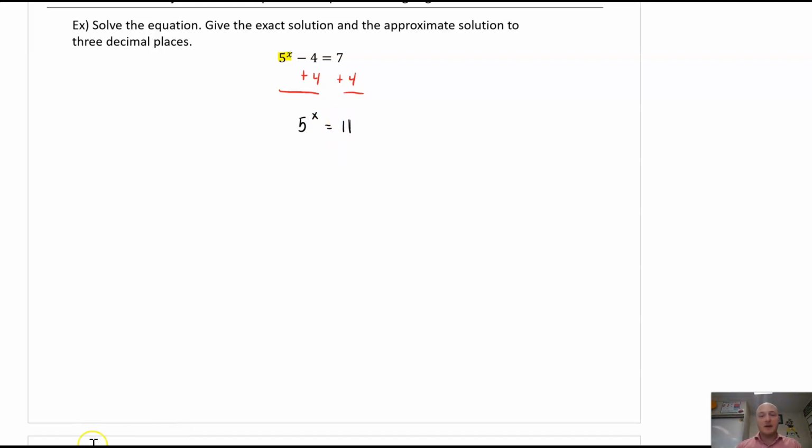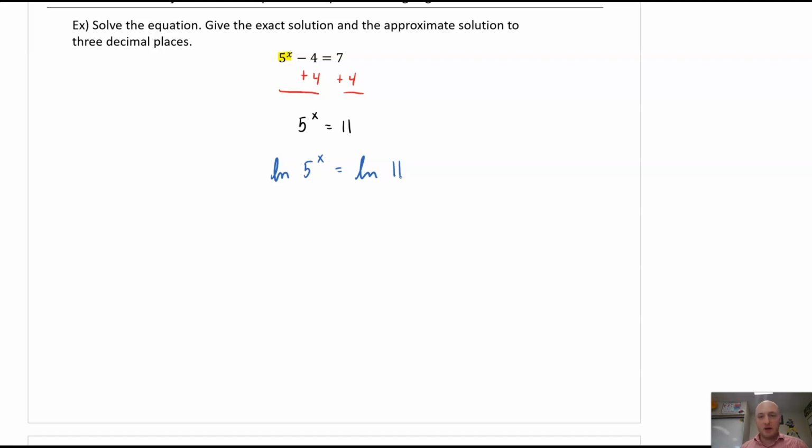Now I need to bring down my variable. How you do this is you take a logarithm of each side. So I'm going to do the natural log of 5 to the power of x is equal to the natural log of 11, taking the logarithm of each side.